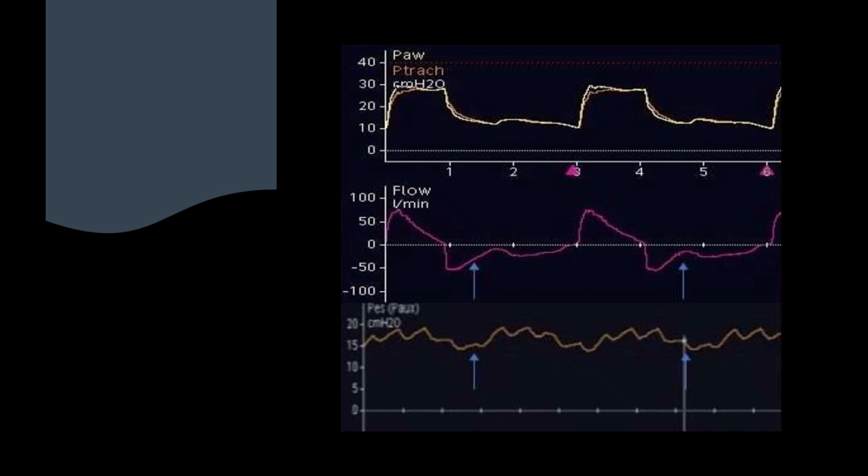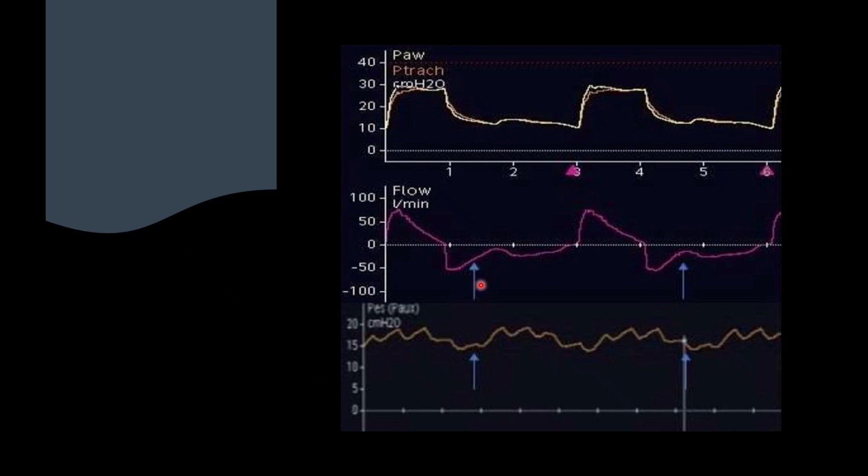Now what is happening here? See, so there is expiratory flow which is quite prolonged, but something is happening here. If you look at the pressure here, you will know what is happening, and this is the esophageal pressure. There is a negative pressure here, so there is some effort by the patient which is causing negative deflection in the inspiratory pressure.